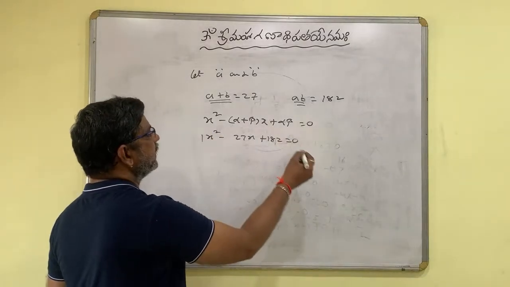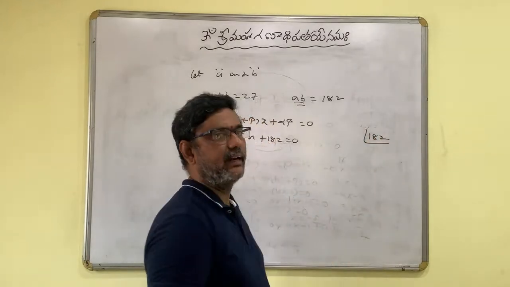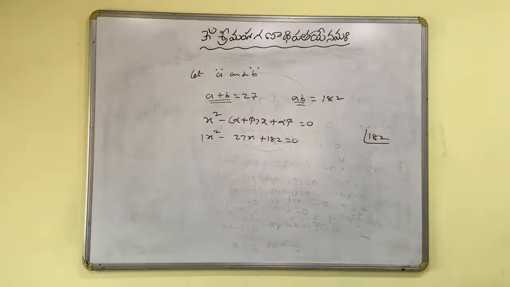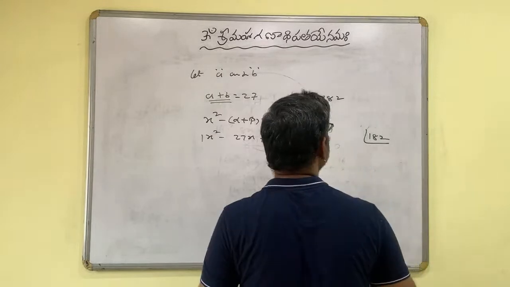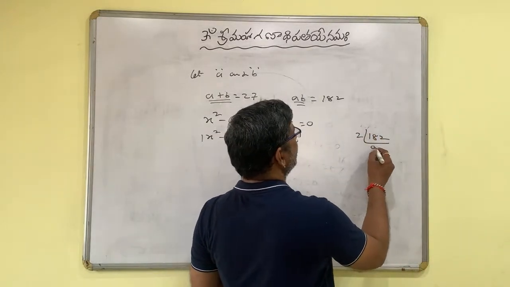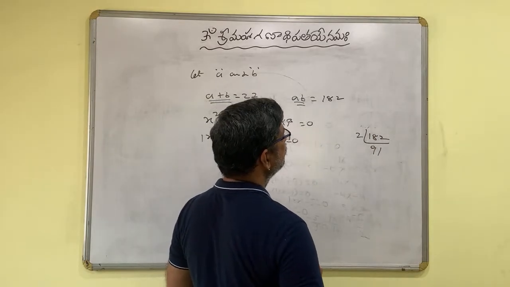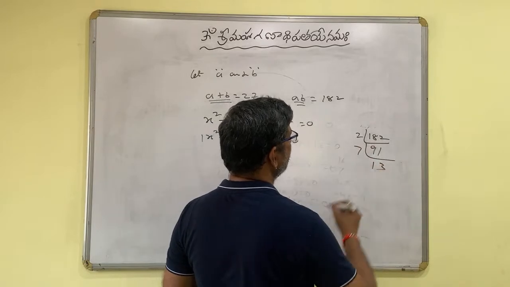Nothing is there, 1 into 182. Do prime factorization for 182 first. 2 times 91, 7 times 13.